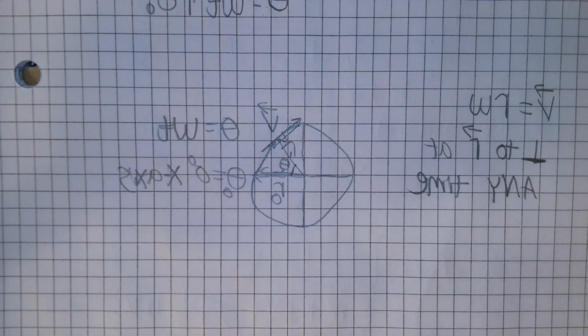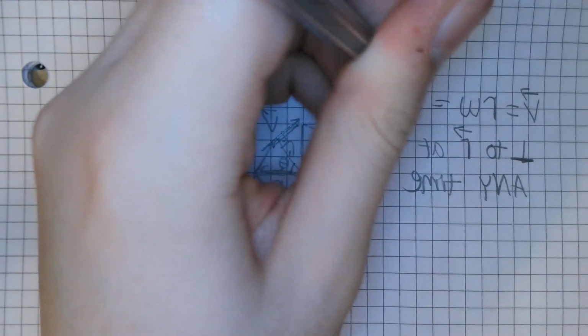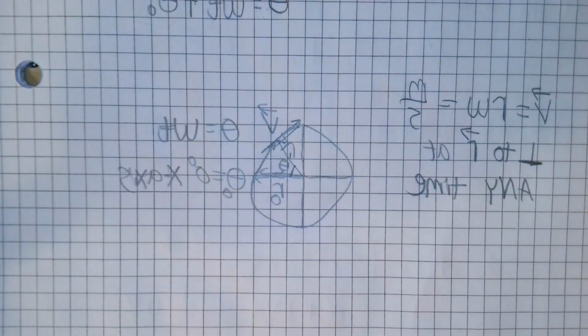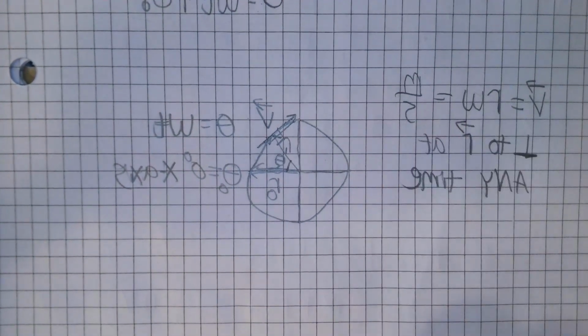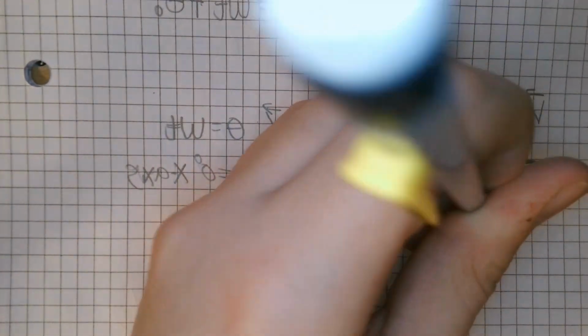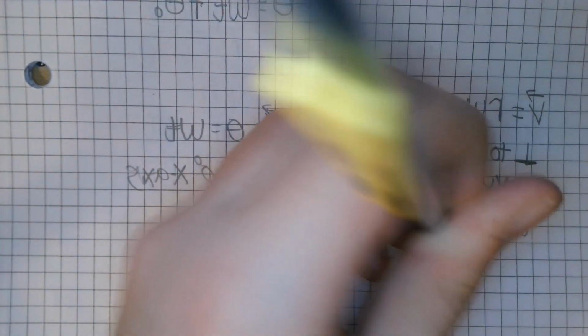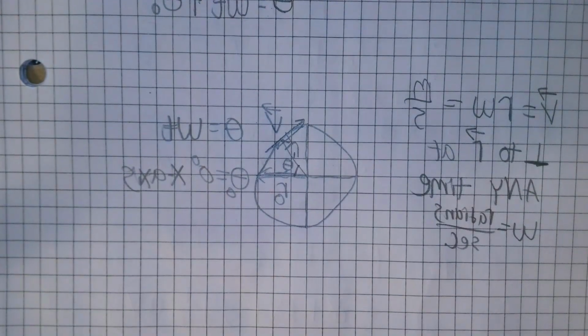So velocity, as you can see, even by this formula, is measured in meters per second. Okay, angular velocity, which is this, omega, well, omega is measured in radians per second. Okay? And radians don't have a unit.